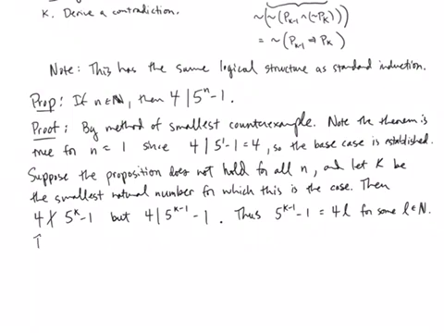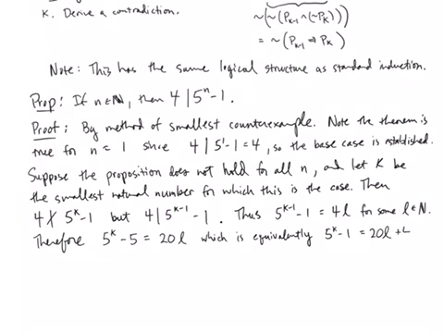So therefore 5 to the k minus 5 equals 20L. And then to make 5 to the k minus 1 appear, we'll just add 4 to both sides, which gives 5 to the k minus 1 equals 20L plus 4.